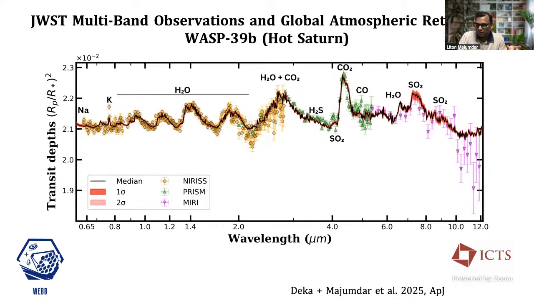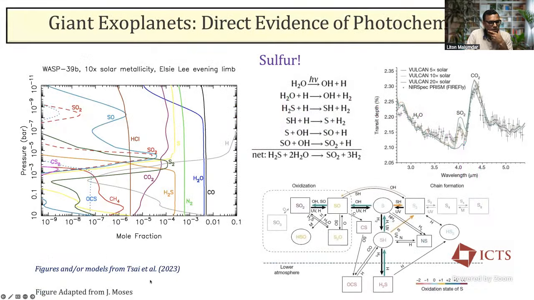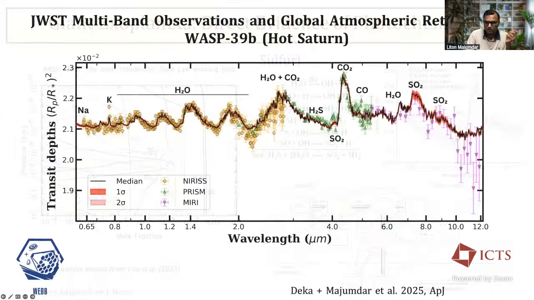And just to come back to the same thing I was mentioning, this is from WASP-39b, as you can see the SO2. This SO2 you can explain by the inclusion of disequilibrium processes such as photochemistry, which I was mentioning. This is a beautiful result from Shami from the ERS program. What I am showing here is the SO2 feature that I was showing in the retrieval.